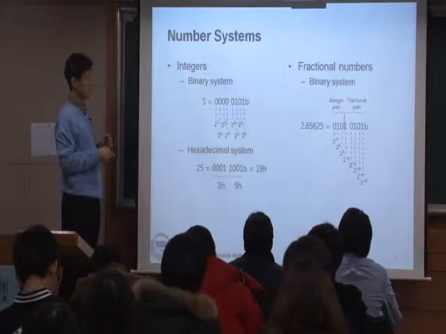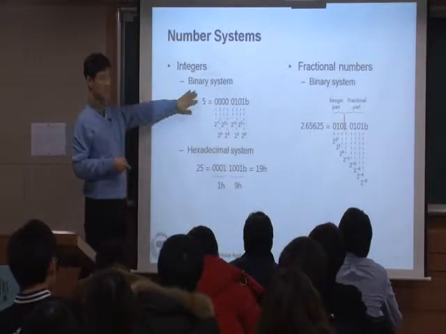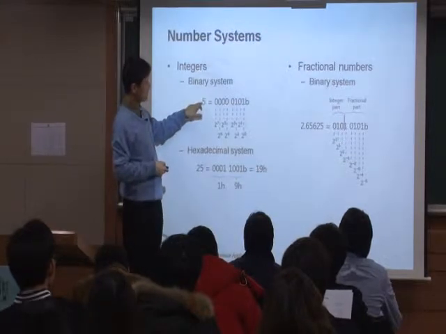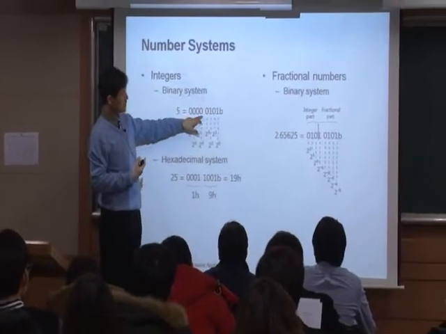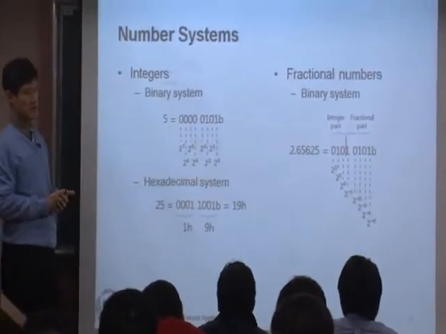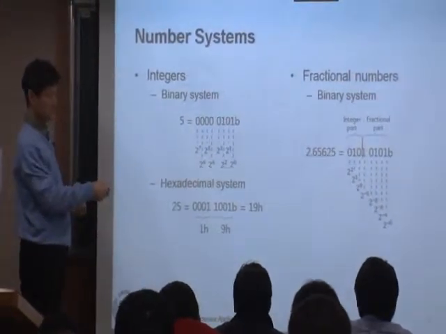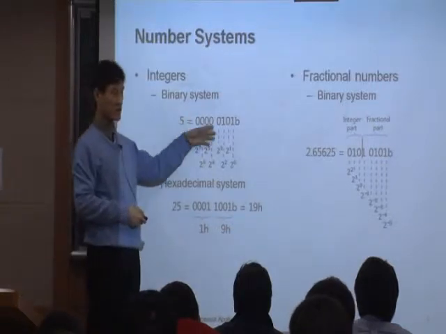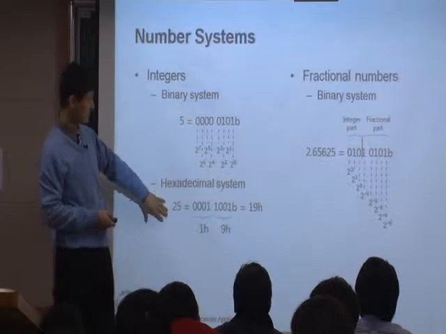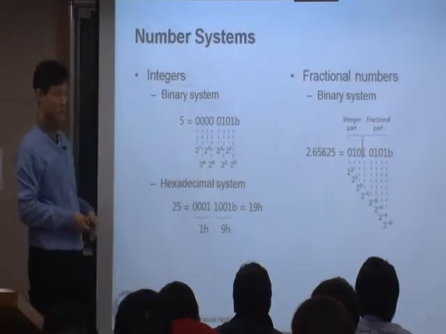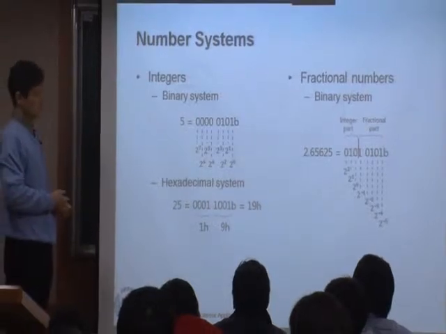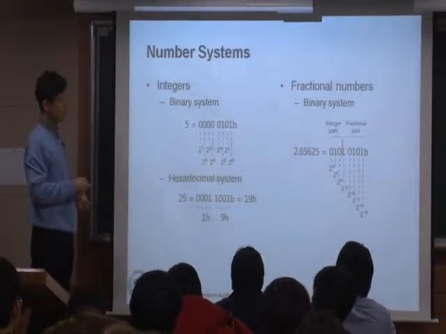If we have 5 as a decimal number and convert it into binary, then we know it's going to be 00000101. That's a 5, right? And you know how to convert from decimal to binary, and how to change binary to hexadecimal to decimal. So these are how to read those.